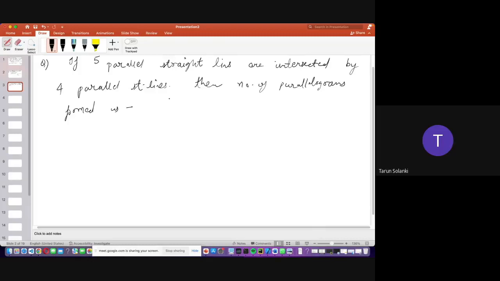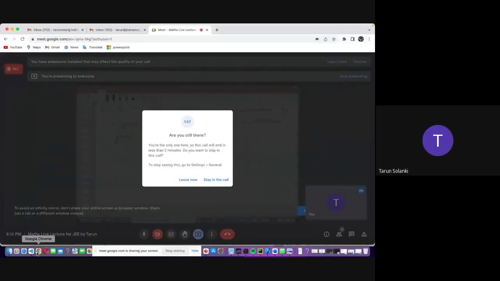Okay, so meaning 5 lines, 1, 2, 3, 4 and 5, these are cut by 4 parallel lines, 1, 2, 3, 4. Here you need to find the total number of parallelograms.